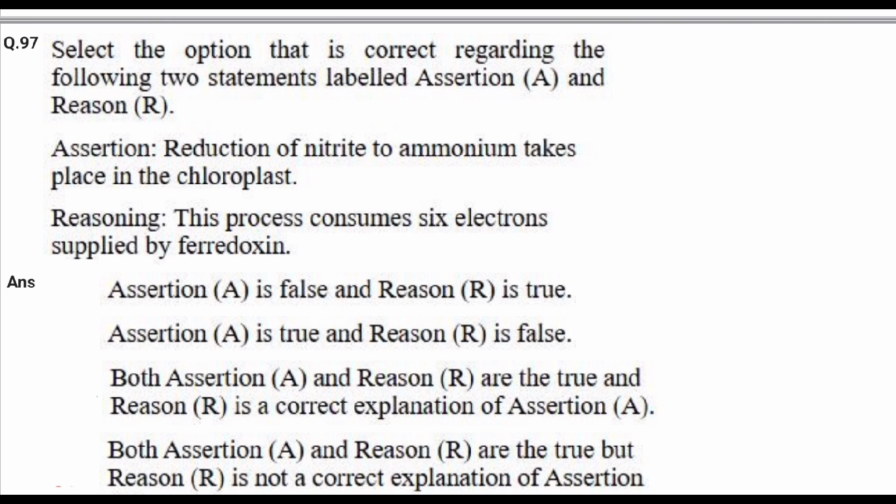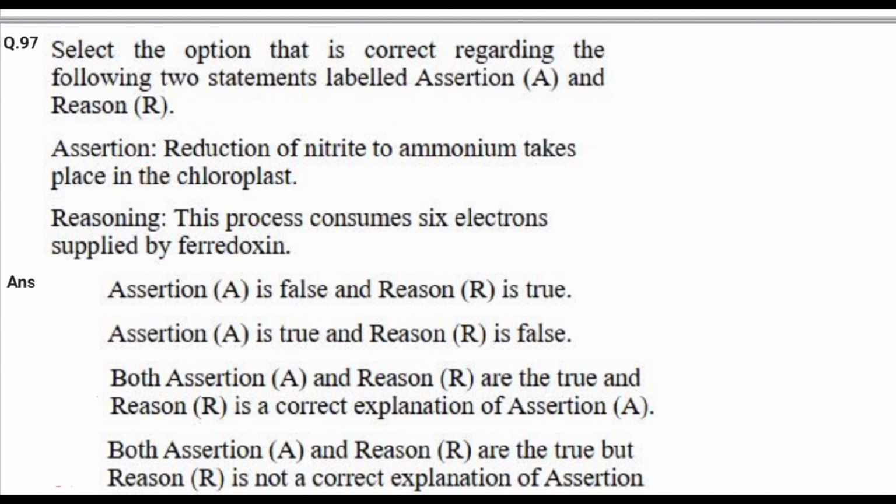Let's see the next question. Select the option that is correct regarding the following two statements labeled assertion and reason. Assertion: reduction of nitrate to ammonium takes place in the chloroplast. Reason: this process consumes 6 electrons supplied by ferredoxin.